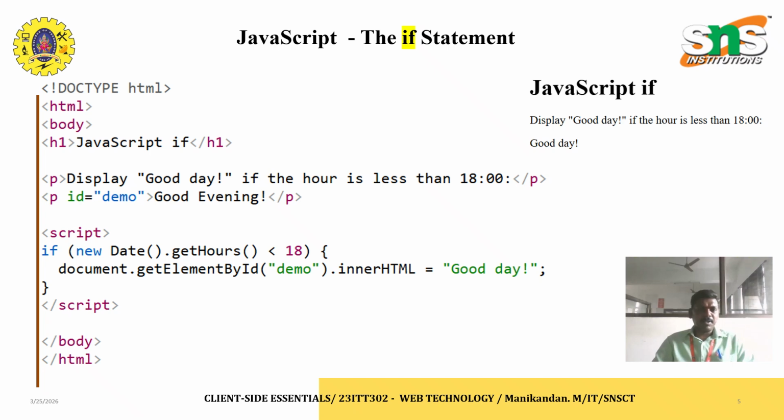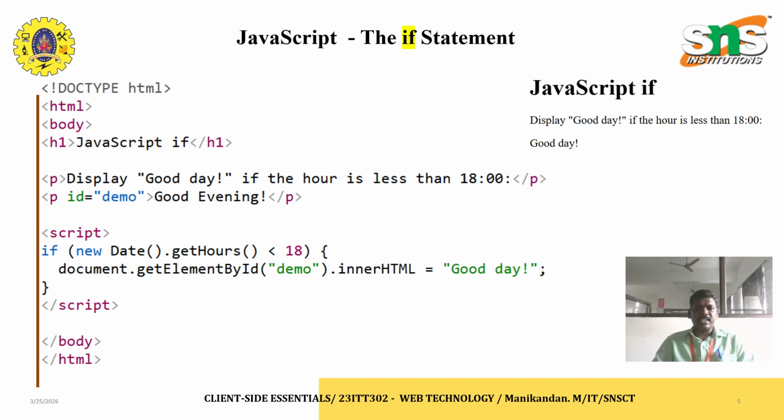In this example, we are just giving a new Date function. The new Date function will have all the parameters like current hour, day, and time.